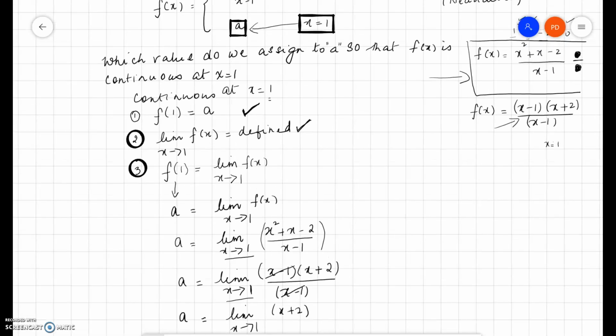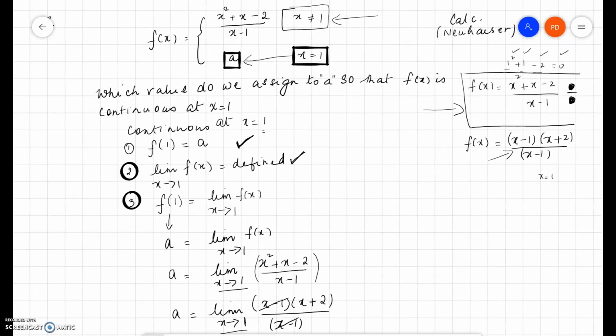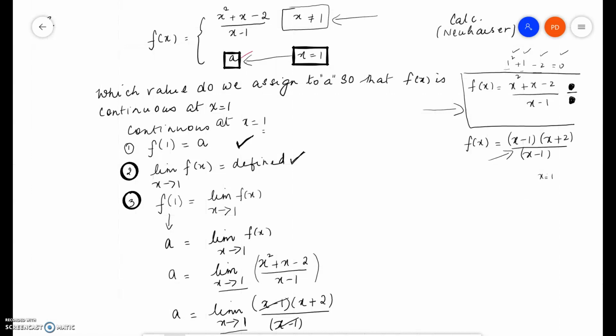So if we replace a by 3, then we have f(1) equals 3, the limit of f(x) as x approaches 1 equals 3, and f(1) is equal to the limit of f(x) as x approaches 1. Both are equal to 3, and therefore the function is continuous at x equals 1.